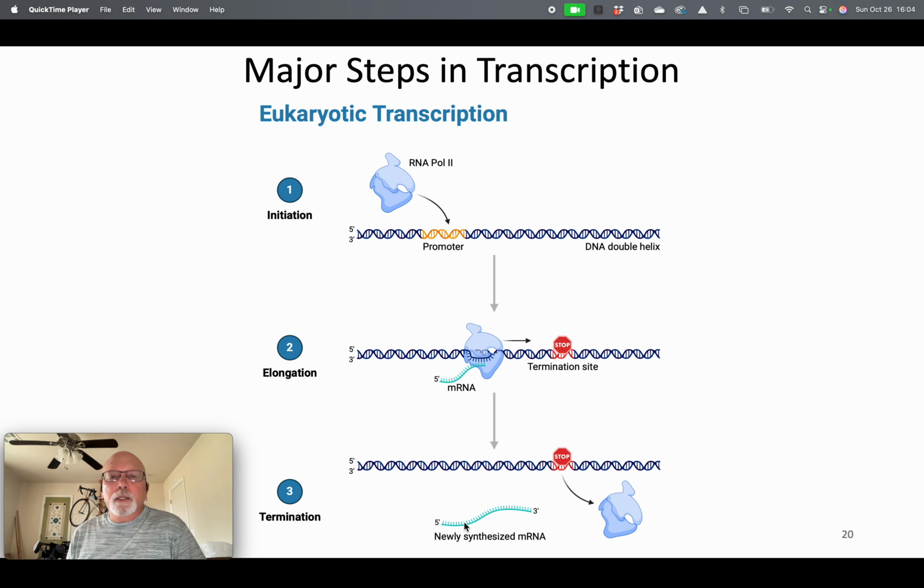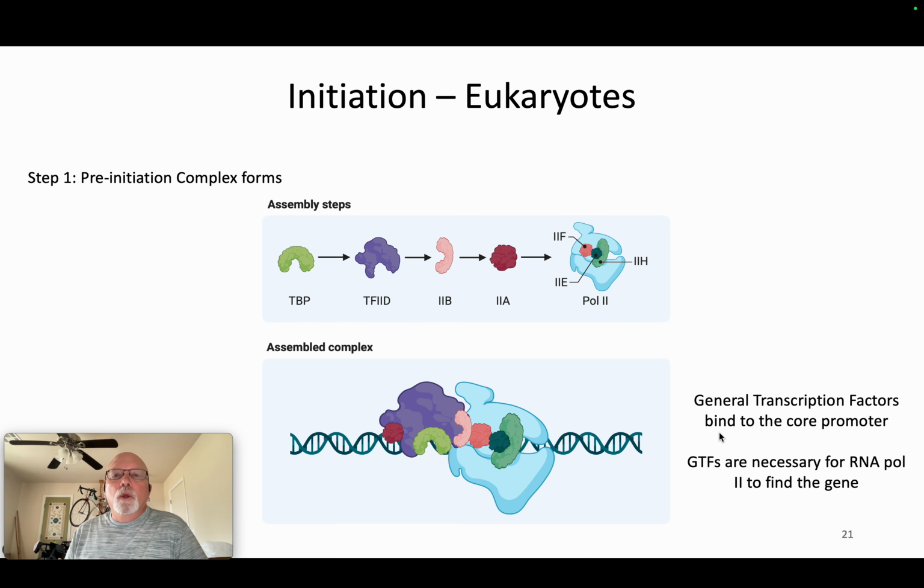In order for this to work, though, you have to have this thing called a pre-initiation complex forming. It's a series of transcription factors or chemicals or compounds that have to bind to the DNA just upstream, just before you get to the promoter site.